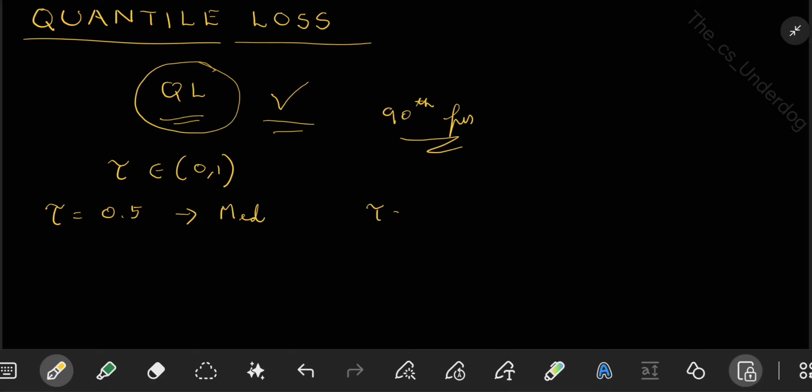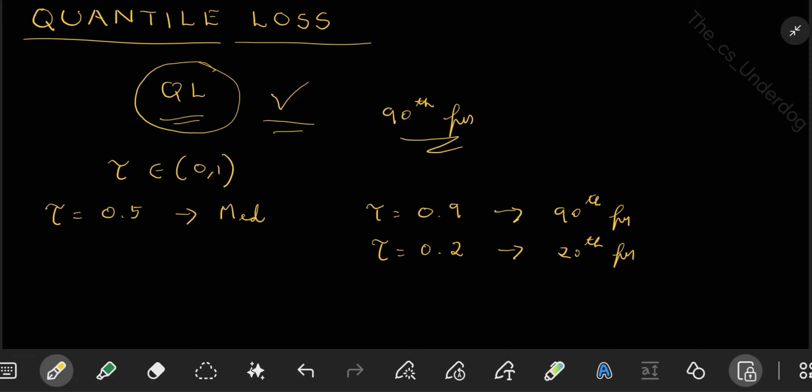If tau is equal to 0.9, that means you want to find the 90th percentile. If tau is equal to 0.2, that means you want to find the 20th percentile. So this is the logic behind tau.